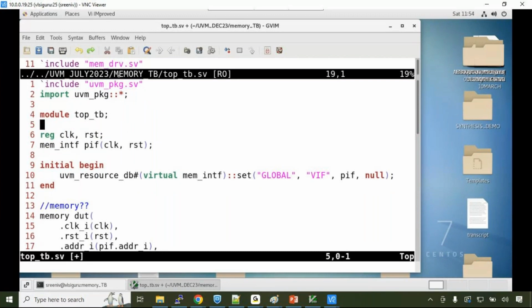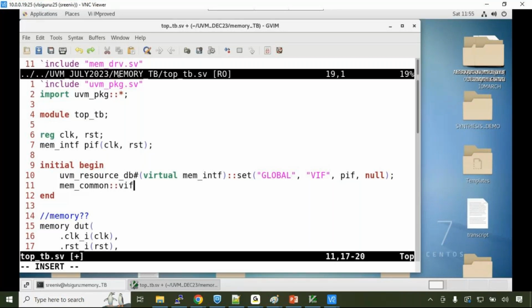Line number 6, are you clear? We are declaring clock and reset. Line number 7, instantiating the interface. Line number 9 and 10 I will explain. Basically, in very simple terms, it's similar to telling mem common VIF equal to VIF. The same concept done in a little different manner.